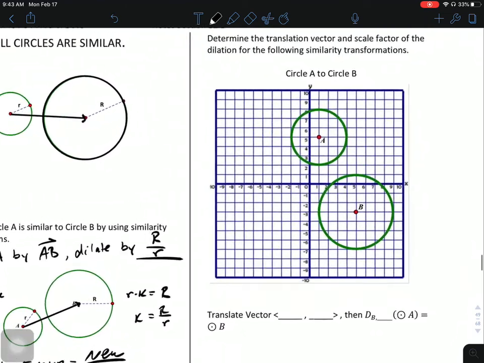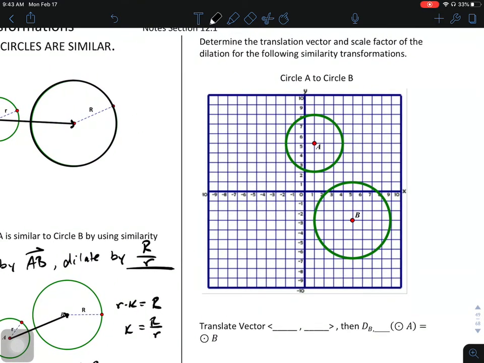Let's put this into practice and see if we know what we're talking about. Determine the translation vector and scale factor of the dilation for the following similarity transformations. It says which direction to go, A to B. That means this is the pre-image and this is the image.